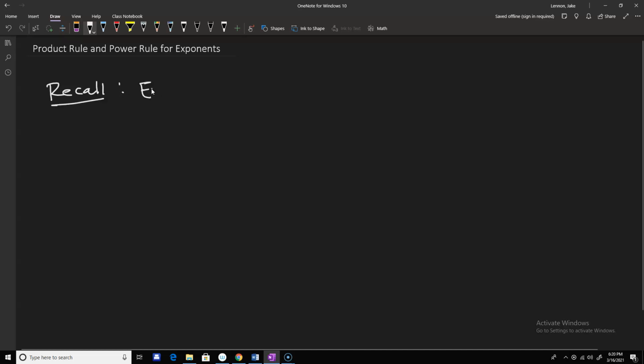Exponent notation is shorthand for repeated multiplication.